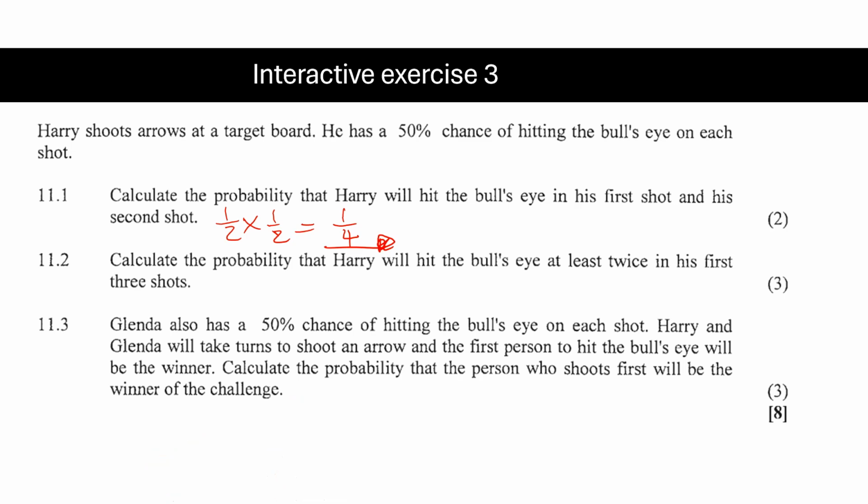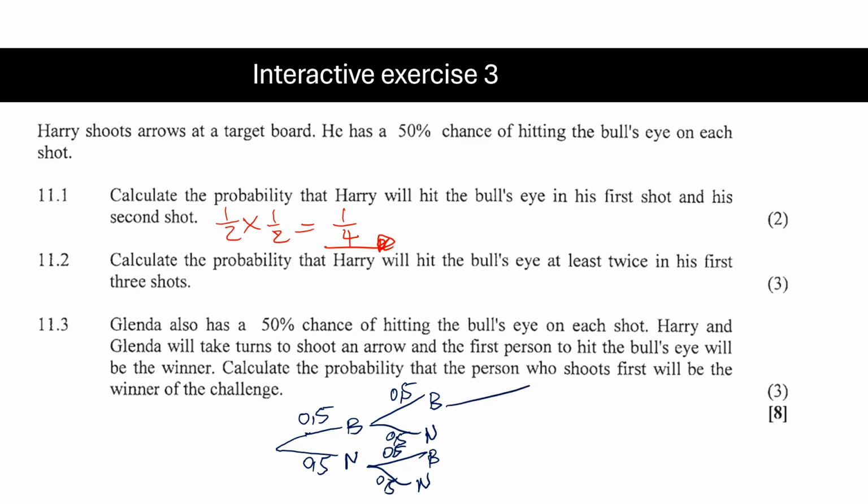So either hit or miss is 0.5 for all of them, which is 1 over 2, right? Second trial, hitting or missing, all of them 0.5 because we are told there's a 0.5 chance. For the third shot, you have hitting and not hitting, hitting and not hitting, hitting and not hitting.